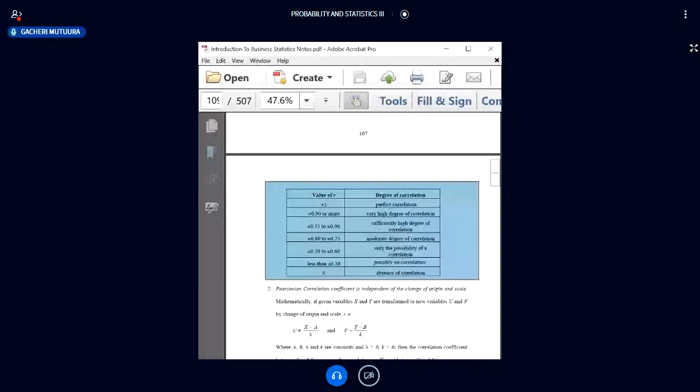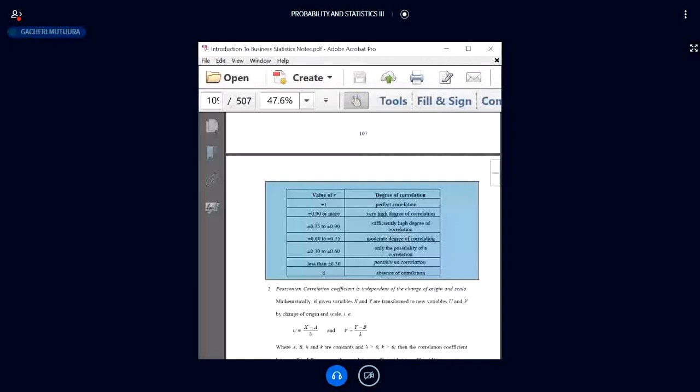If it is less than 30, there is a weak correlation, and at 0 we have no correlation at all. Those are the various levels and terminologies I expect you to use. Between 30 and 60, we'll be talking of moderate, either positive or negative, correlation. Below 30, that will be weak correlation.